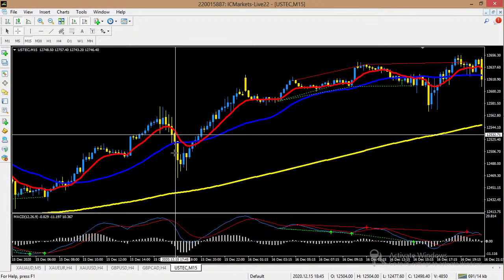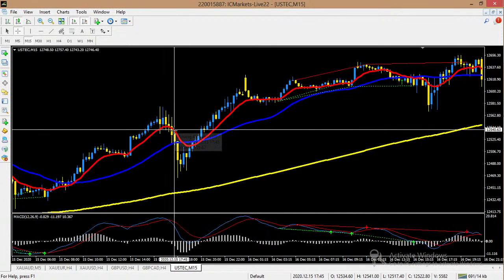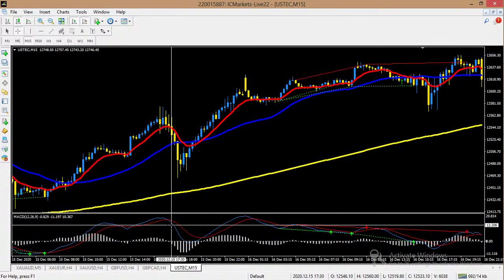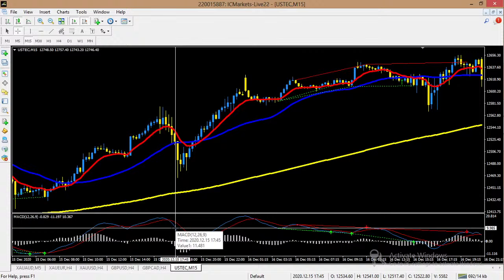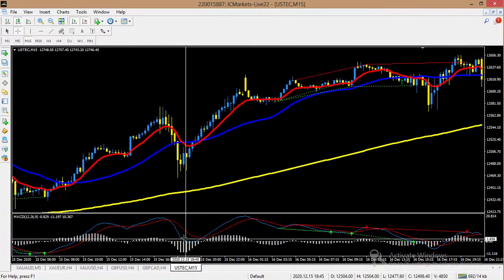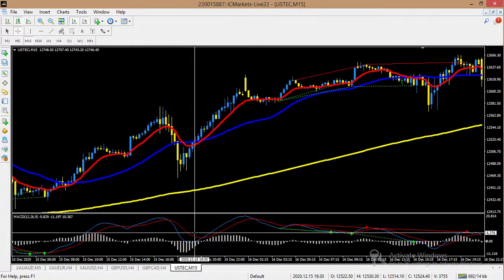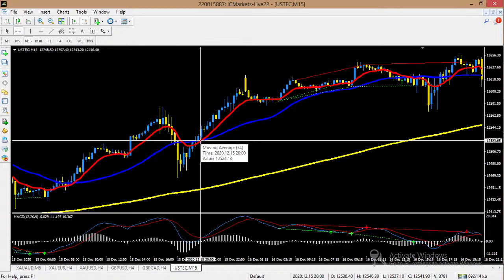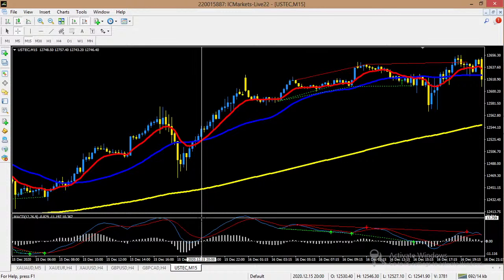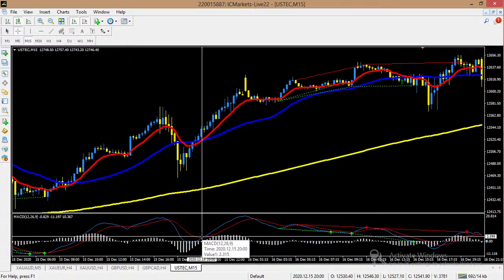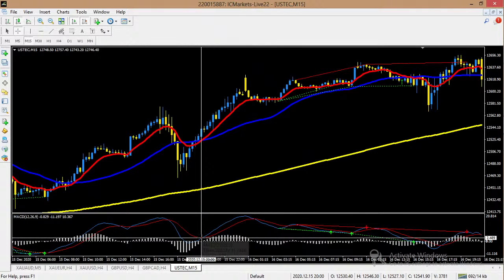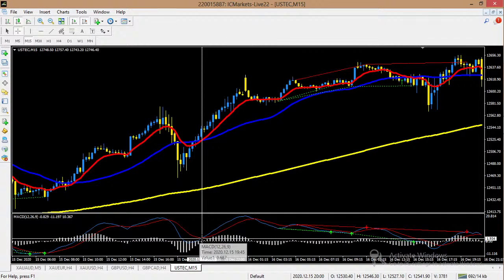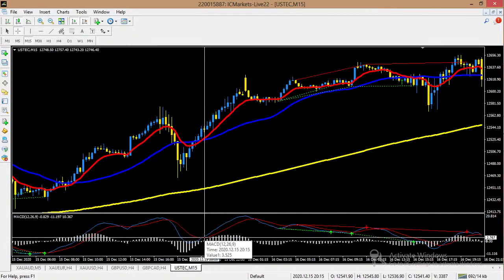So you can as well find, by the time it starts retracing, the blue signal line crossed below the MACD red signal line, and at this point where the 10 moving average also crossed back above the 34 moving average, you will see that the MACD blue signal line also crossed above the red signal line.